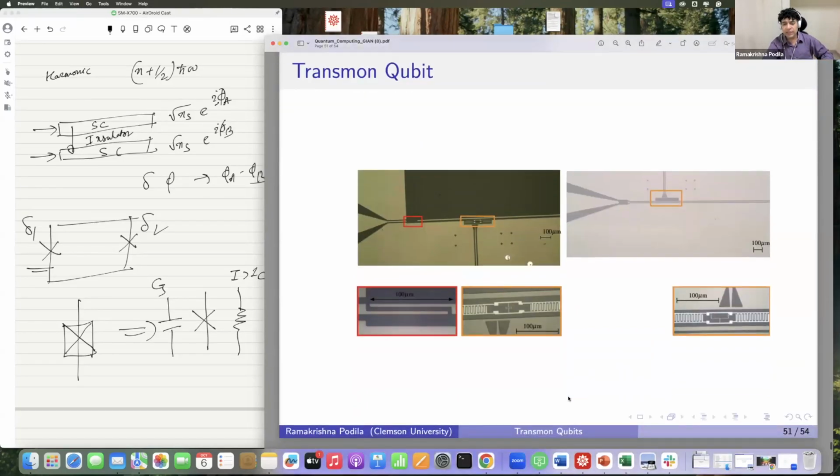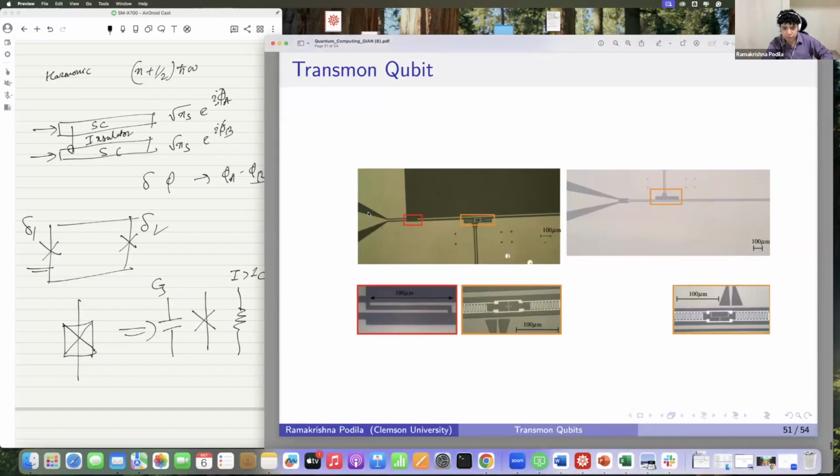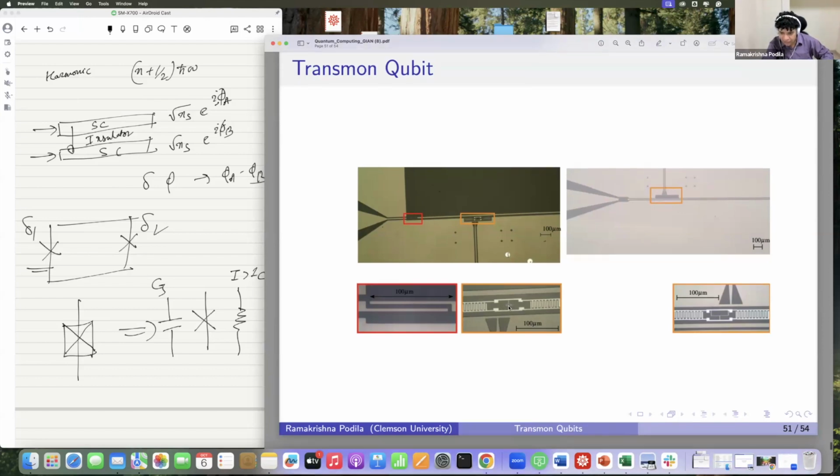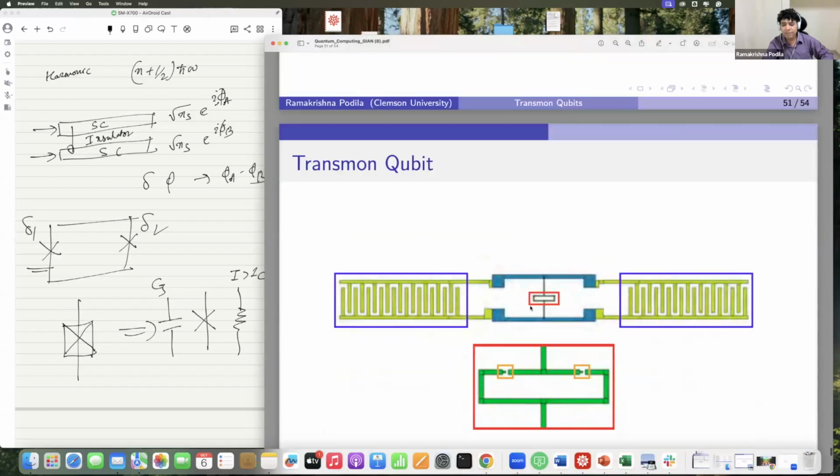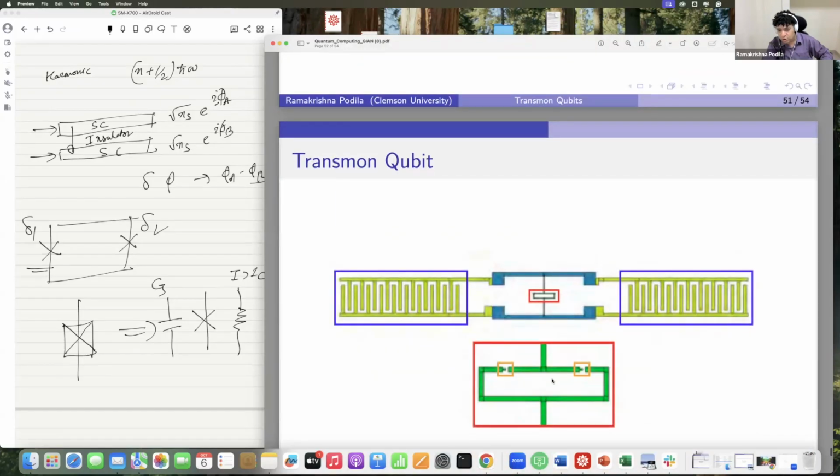What you see here are some lines going in. If you zoom in there, you see these interdigitated microwave readouts. And in the center here, if I zoom in further, that center box is the two squids. That's a squid with two Josephson junctions that you see.